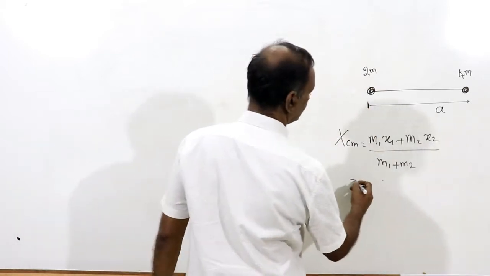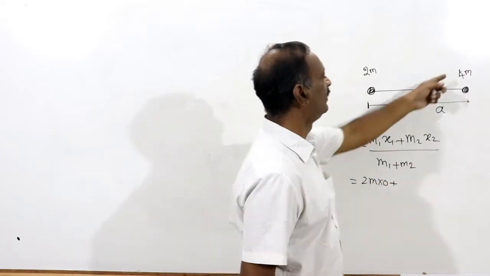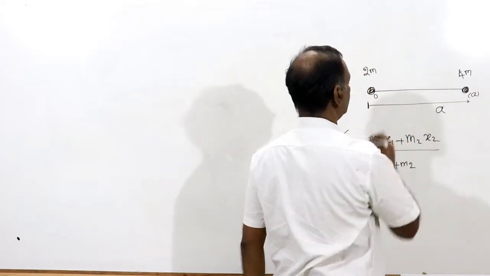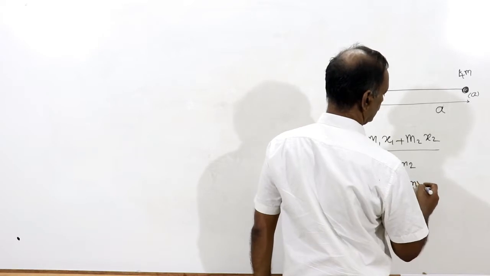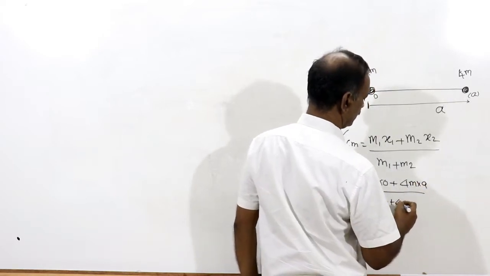XCM is equal to 2M into 0 plus 4M into A, in one dimension, divided by the summation of mass, 2M plus 4M.